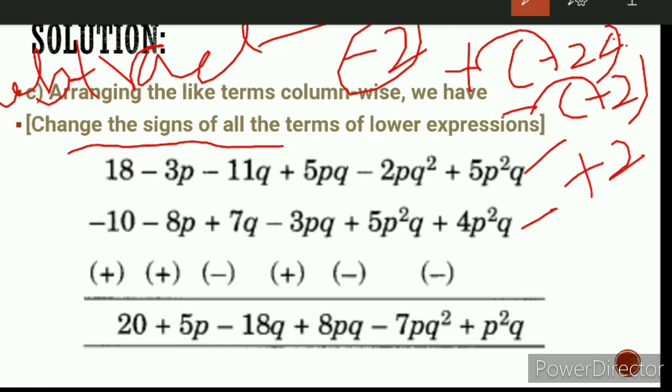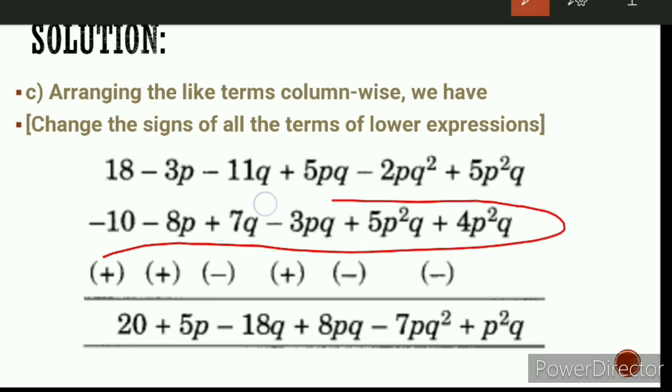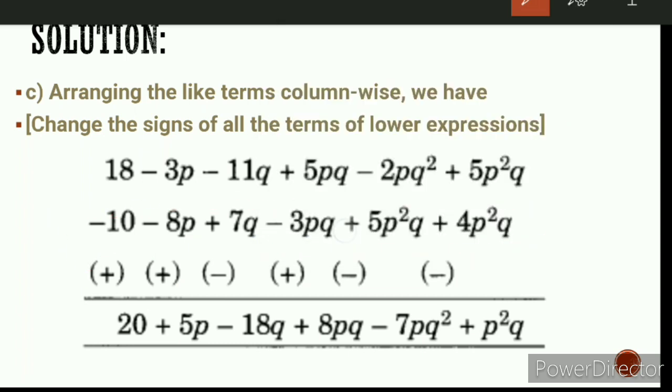So we should change the sign, only of this expression, because this one we are subtracting. Minus becomes plus, plus becomes minus, and so on. So cancel these original signs; we have to consider these two signs.